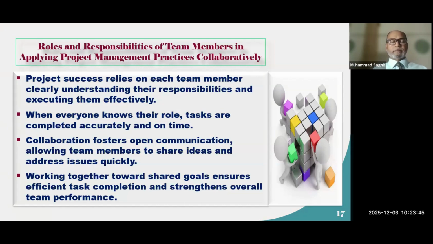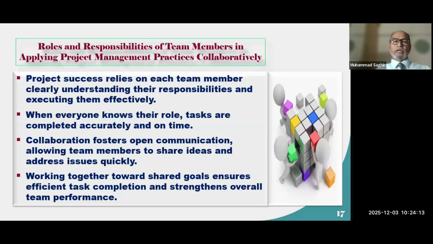Because when we perform activities or we want to achieve project goals, one person or individual cannot perform. For that matter, we need to have a team and collaborative efforts in order to achieve goals.